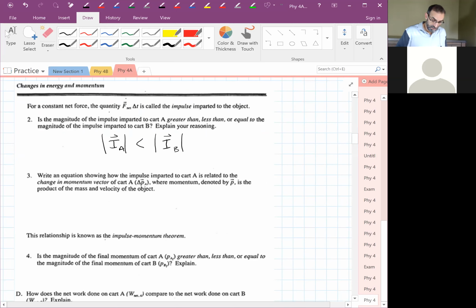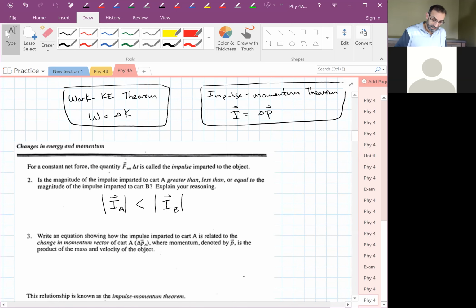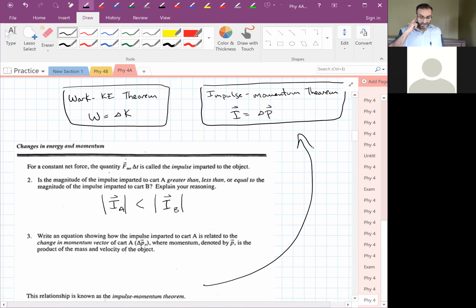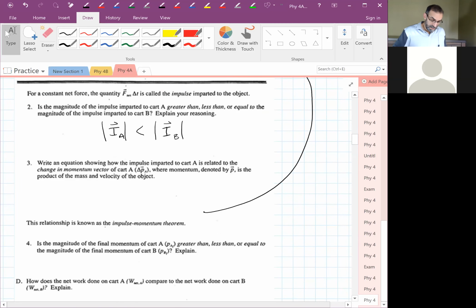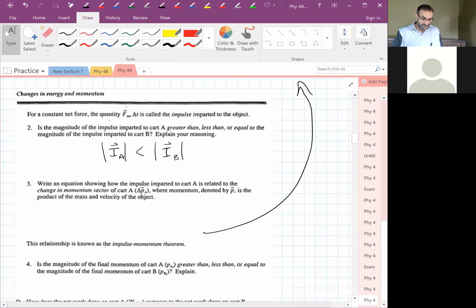This is the impulse momentum theorem. Okay, we've got that right there. Is the magnitude of the final momentum of cart A greater than, less than, or equal to the final momentum of cart B? So now we're trying to answer the question that one of the students proposed earlier. Which cart has more momentum at the end?